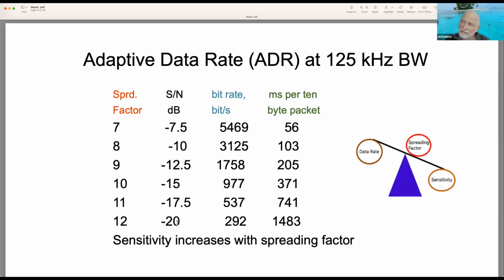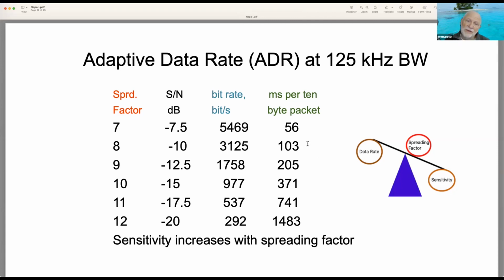And this is what makes LoRa so special, because you can have a very low transmission power and yet reach very long distances. So by controlling this spreading factor, you can go for very long distances, but this means that the bit rate will be low, and also that you will be occupying the channel for a long time, 1.5 seconds in this case.